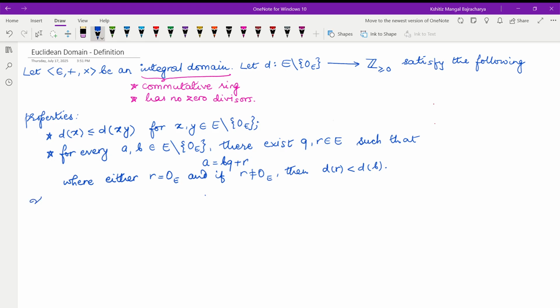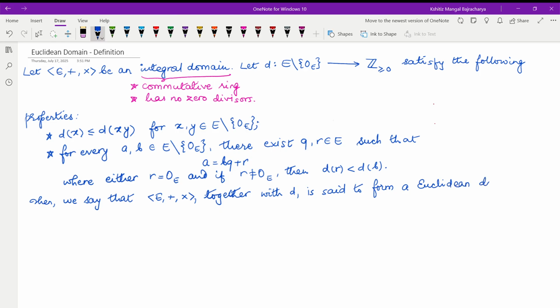Then we say that the integral domain E together with the function d is said to form a Euclidean domain.